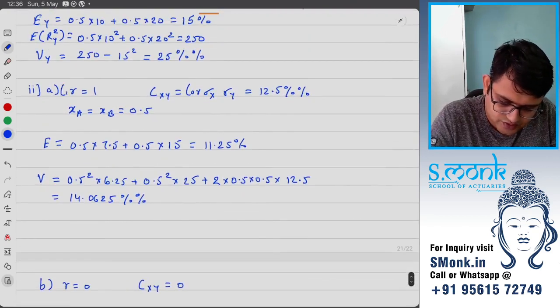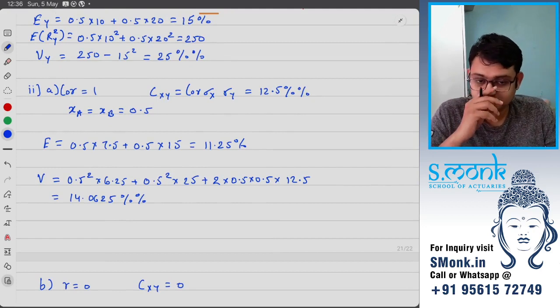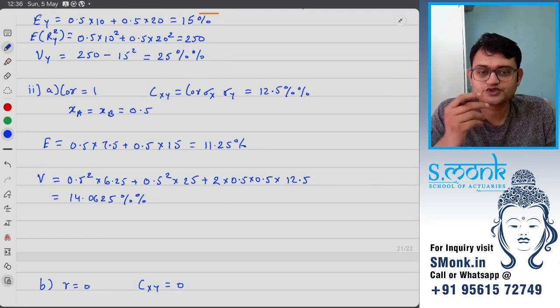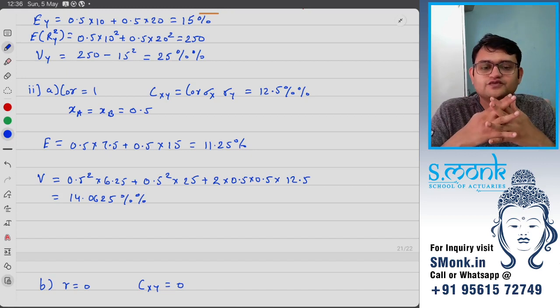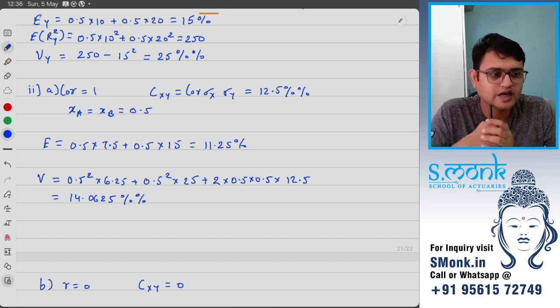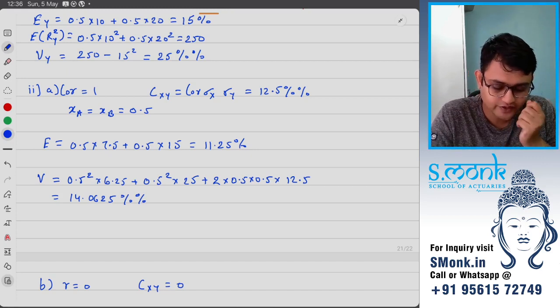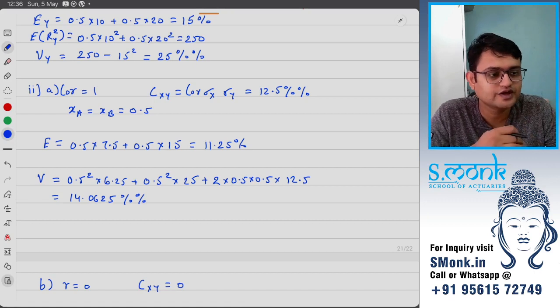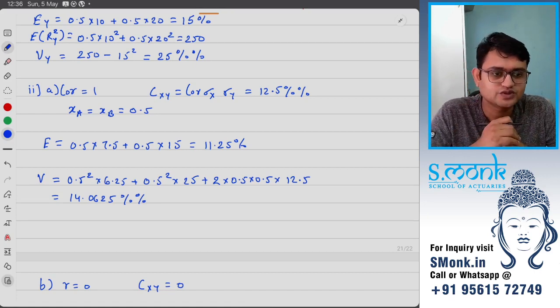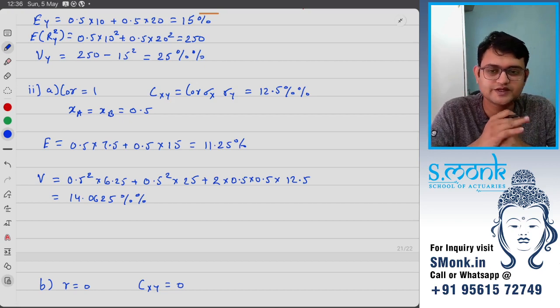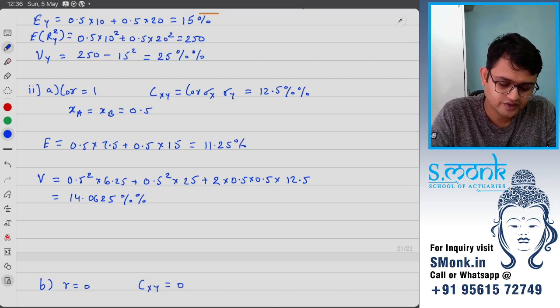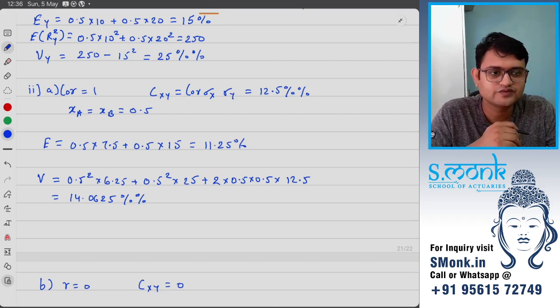This is also COR, because we don't want to get confused between R's. R we are going to use for risk free rate of return throughout our course, throughout CM2. So let's leave that there. And for correlation, we'll use COR.